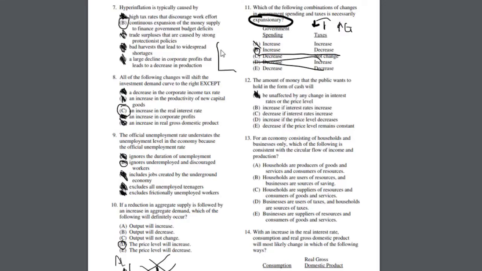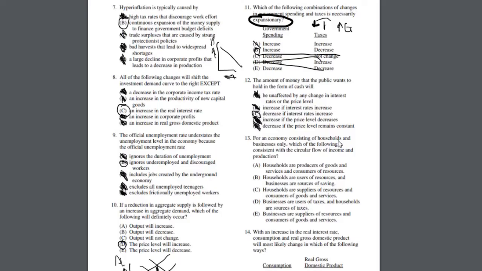That's why the money market graph slopes downwards, because this is your interest rates, and this is your quantity of money over here. As interest rates increase, the quantity of money demanded decreases. So we know that's not true. Decrease if interest rates increase. Yep, that's certainly true. Increase if the price level decreases. No, you're not going to need more money if the price level decreases because your money was actually going to go further. Decrease if the price level remains constant. That doesn't even make sense. If nothing changes, it's just going to decrease for no reason? No, not true. So it's going to be C.